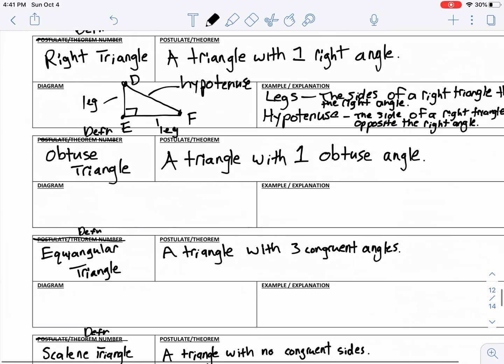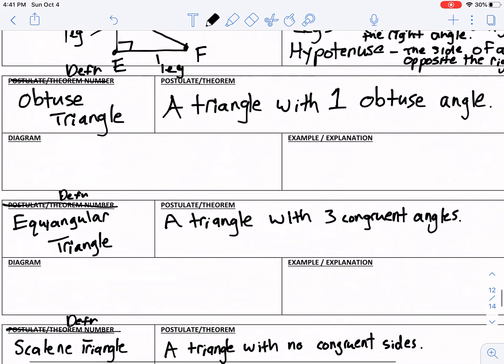Now the next definition we're looking at here is the obtuse triangle, and that's a triangle, you guessed it, with an obtuse angle. So maybe we have something like this guy here. Notice that large angle there, that's an obtuse angle.